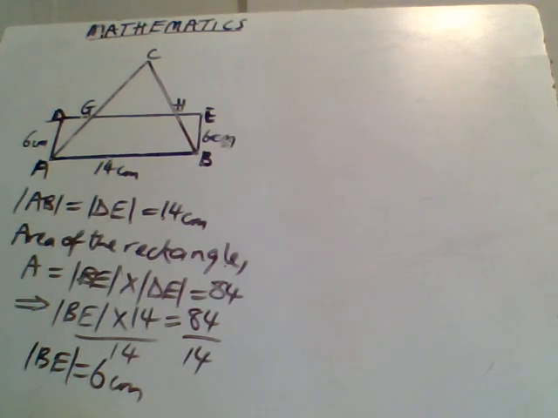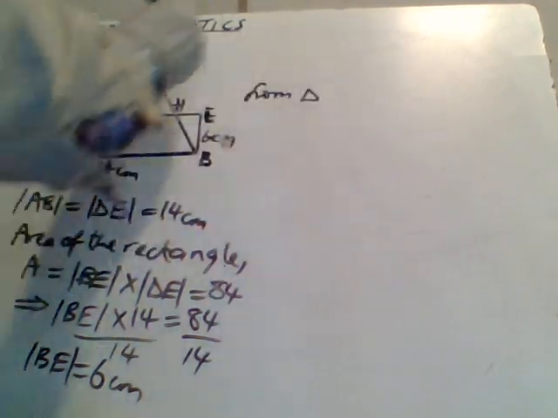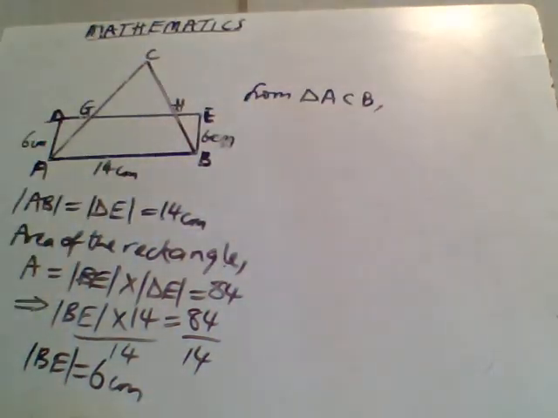Now the next thing we have to do is to consider triangle ABC, since it is equilateral. From triangle ABC, I want to focus on the angle ACB.